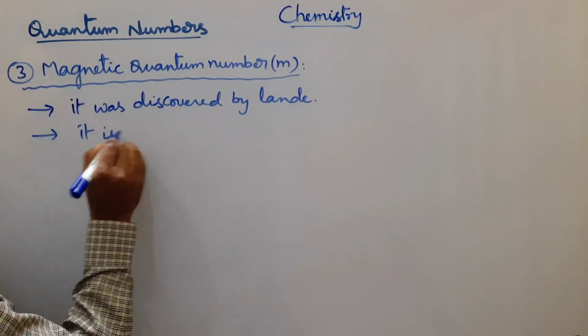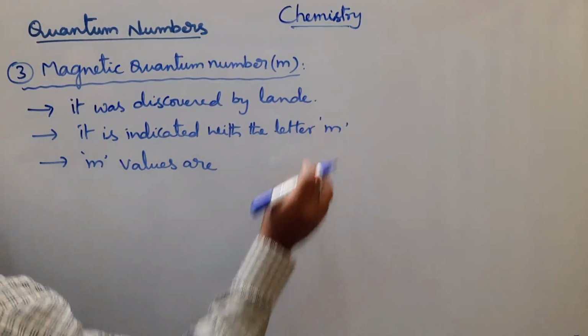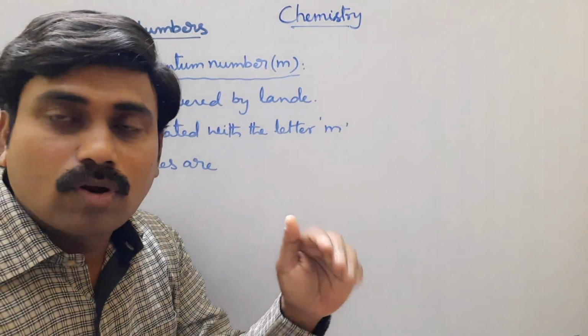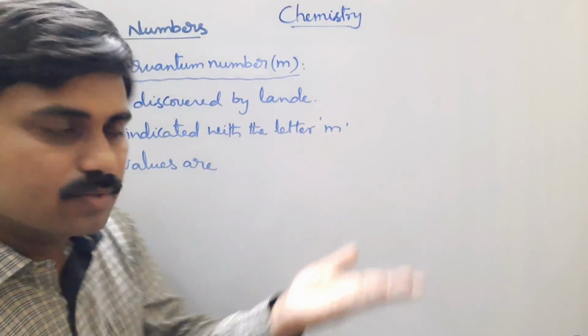It is indicated with the letter small m. These magnetic quantum number m values depend on azimuthal quantum number L values.